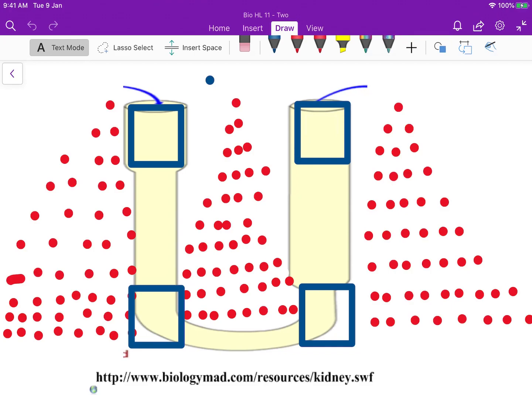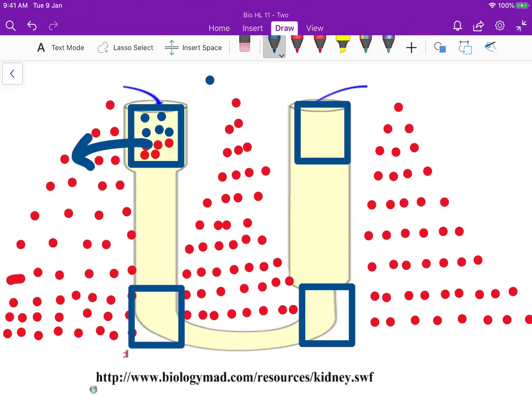Okay, so here's a quick recap of what I drew before. So we have entering in, let's do 1, 2, 3, 4, 5 water, and let's do 5 salt. Now in reality they wouldn't be even, but as the filtrate enters, some of the water will now start to move out and be absorbed.